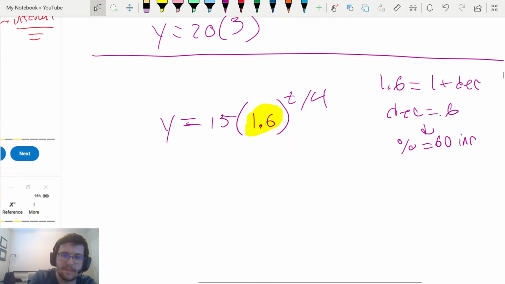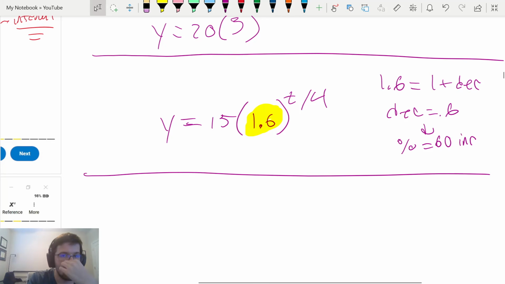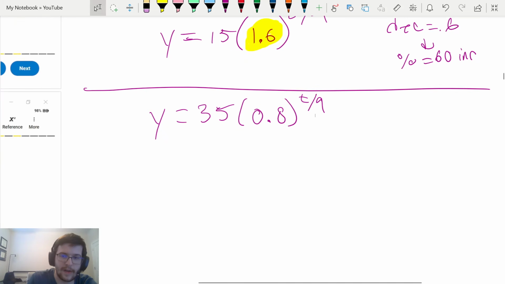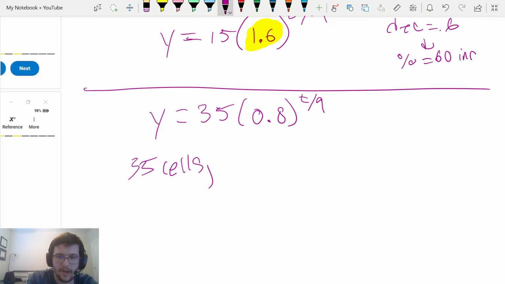I'm going to do one more. 35 times 0.8 to the t over 9. So you start with 35 cells, and then 0.8.